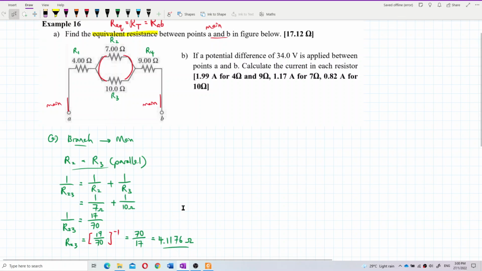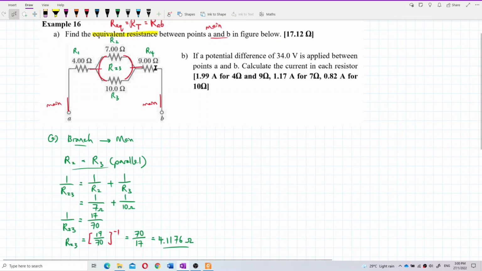Next, after combining R2 and R3 to become R23, now R1, R23 and R4 are all in series. They are all in series because they connect with one leg each. One leg of R23 connects with the 4 ohm, another leg connects with the 9 ohm.